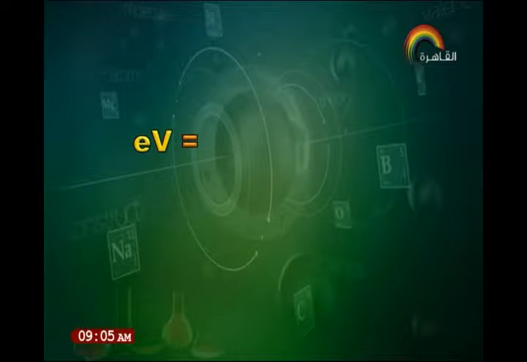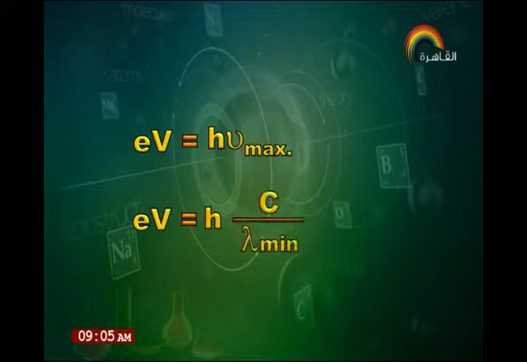Energy gained by the electron in the electric field is eV. The electron loses all its energy into a photon having energy h nu maximum, and nu maximum could be replaced by c over lambda minimum.